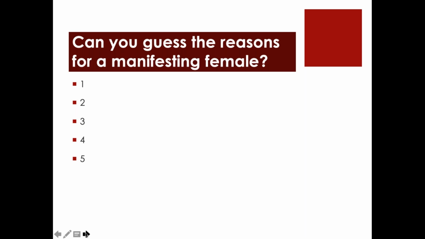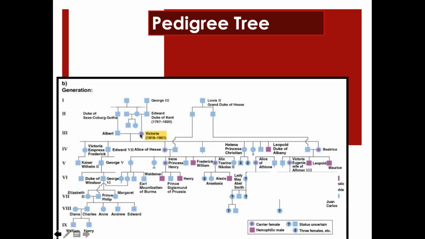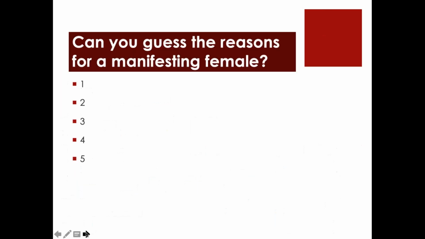Now, there are four or five answers to this. Can you get a manifesting female in an X-linked recessive pedigree? Usually, if we go back, we have seen that none of the females were affected and almost all the males were affected, right? So my question here is a little difficult.